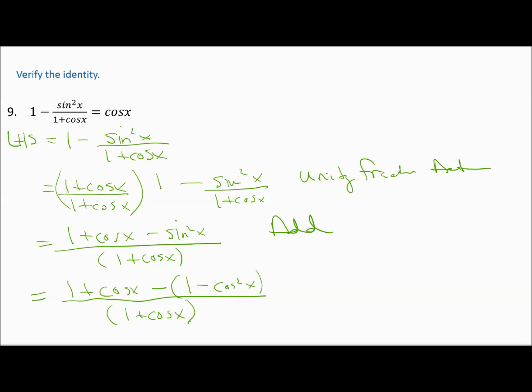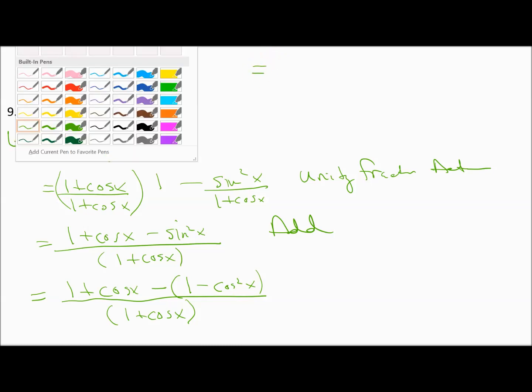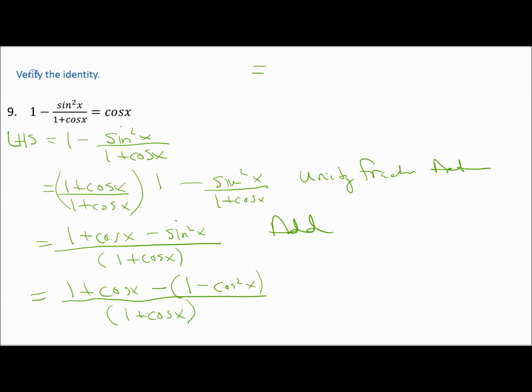Now, what people often miss about this problem is they don't use the parentheses, or they don't properly distribute this minus, because you're subtracting sine squared of x. Well, sine squared of x is 1 minus the cosine squared of x. So I'm subtracting this whole thing, which after distributing is going to give me, now watch this, I'm going to change to pink so it won't look such a mess.